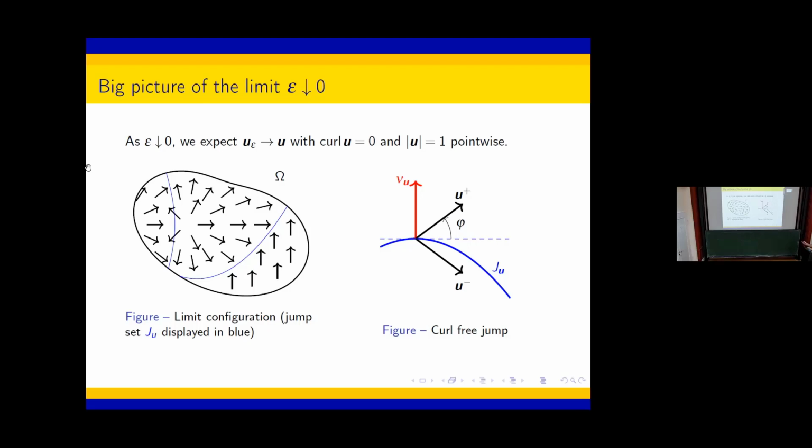The tangential component of the jump doesn't change, so there is no jump of the tangential component. This is what I call the curl free jump. So this is what is expected.